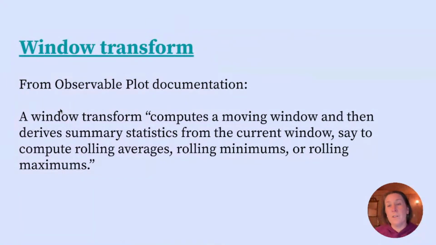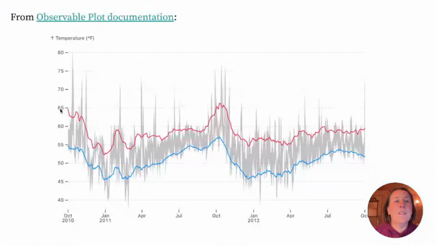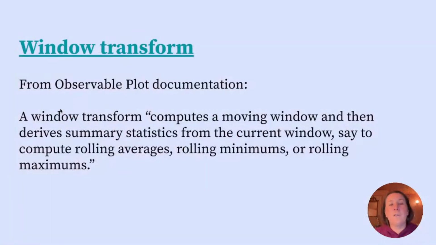And then we're also going to use a select transform to help us select just specific observations from our data where we want something to happen, like where we want an annotation to show up. So a window transform computes a moving window and derives summary statistics from the current window, like to compute rolling averages, rolling minimums, or rolling maximums.